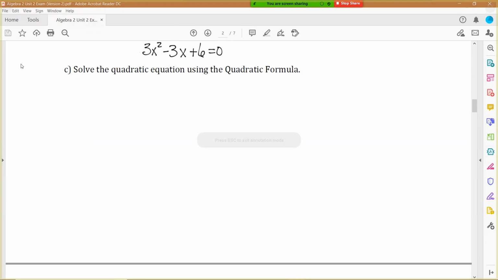When we're using our quadratic formula, again, this number is A, this number is B, and this number is C. I want negative B, so the opposite of negative 3 is positive 3, plus or minus. Underneath my square root, I want B squared, so negative 3 squared minus 4 times A, which is 3, times C, which is 6, all divided by 2 times A, so 2 times 3.